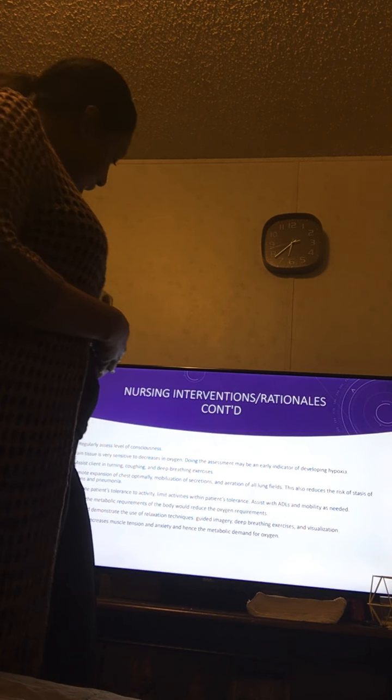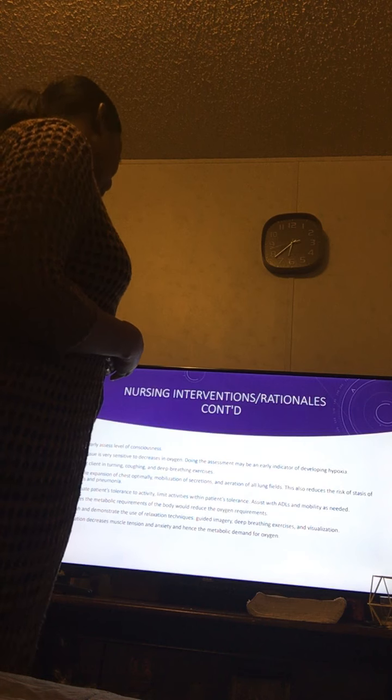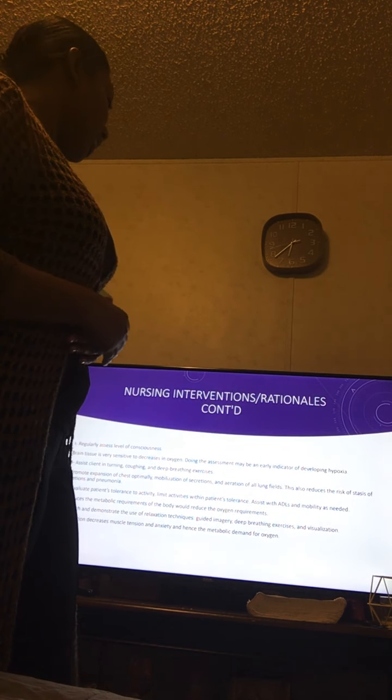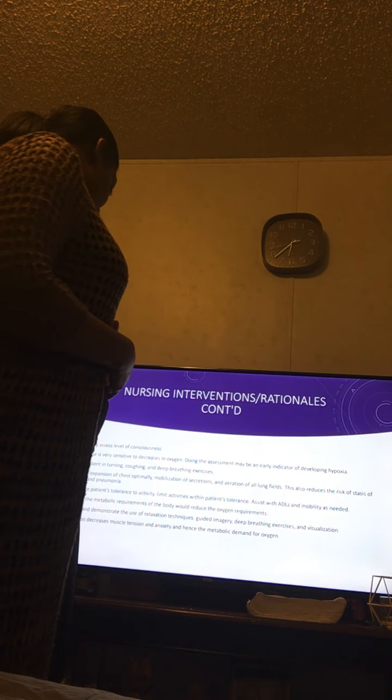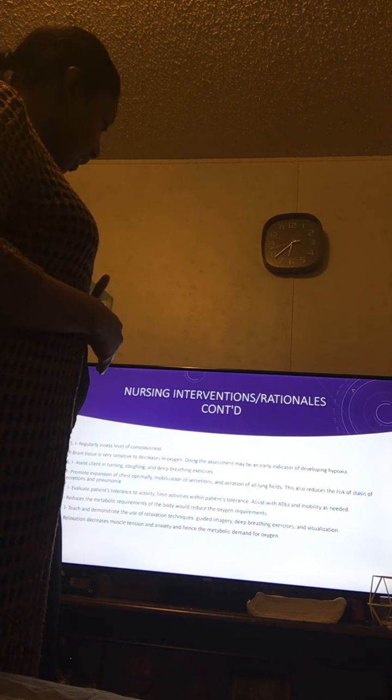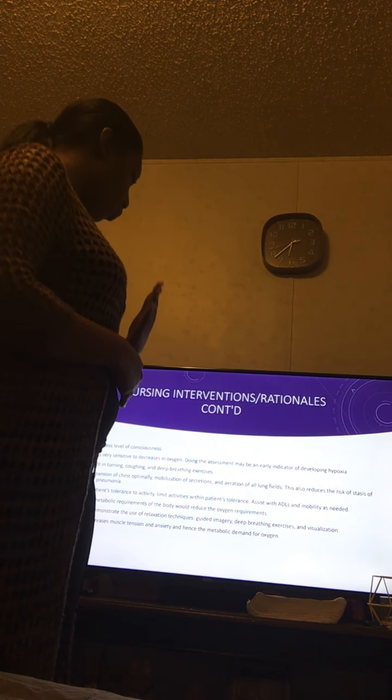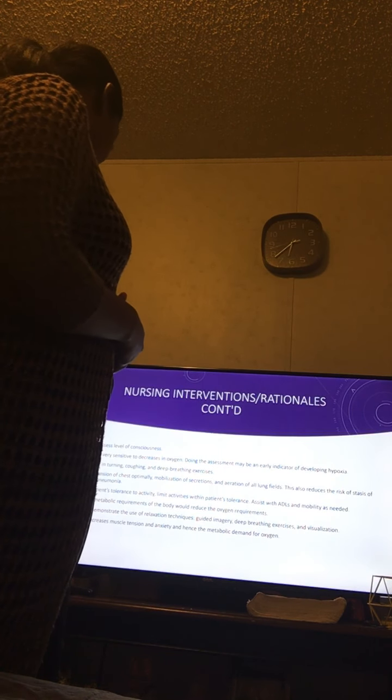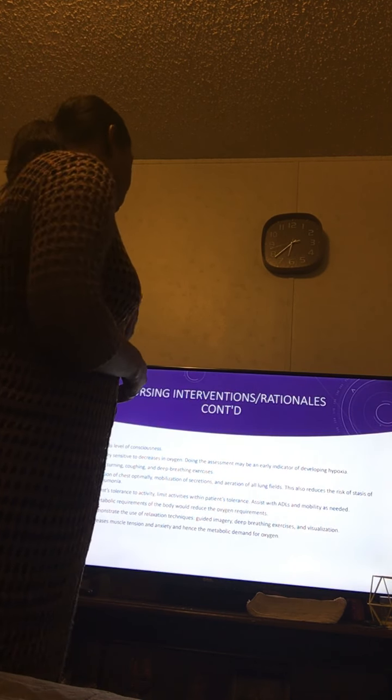Okay, interventions. It says evaluate patient's tolerance to activity, limit activities within patient tolerance, and assist with activities of daily living and mobility as needed. This reduces the metabolic requirements of the body, which would reduce the oxygen requirements. It also says teach and demonstrate the use of relaxation techniques, guided imagery, deep breathing exercises, and visualization.